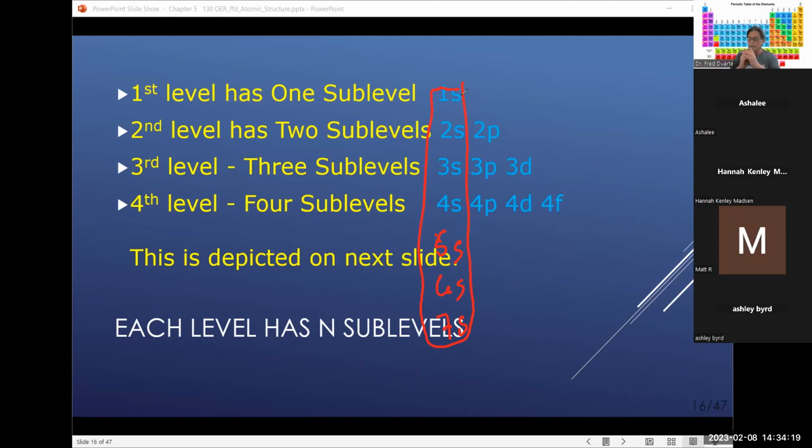Go from a golf ball to a beach ball. Exaggerating, but that's what's going on. The Ps don't come into play until the second energy level, but after that, they are in all of the other energy levels. So you go from 2P all the way to 7P.